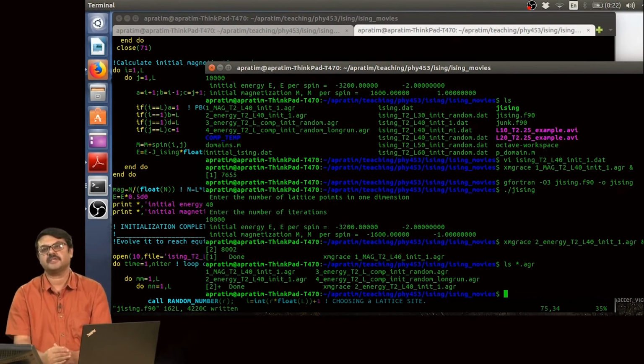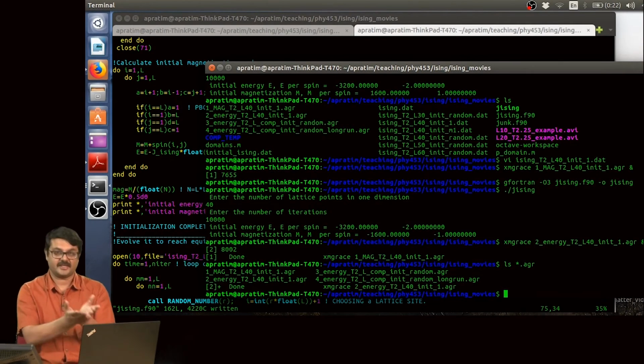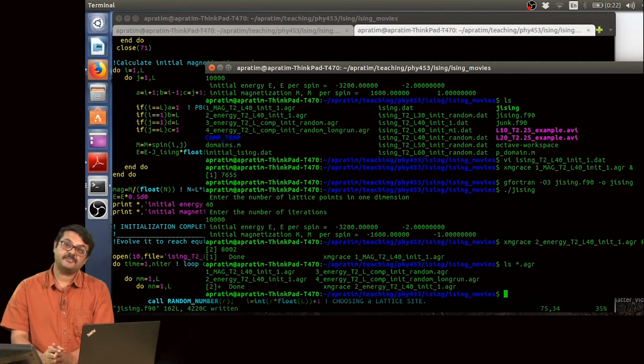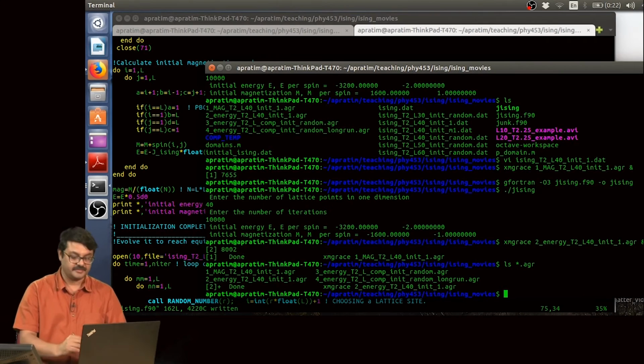So, the next question we are going to ask is, we always start from random initial condition, where we see that it takes some time for the system to reach equilibrium state, especially at temperature T equal to 2. And if we have different box sizes, then what is the kind of equilibration time we get, and what is the quality of the data.